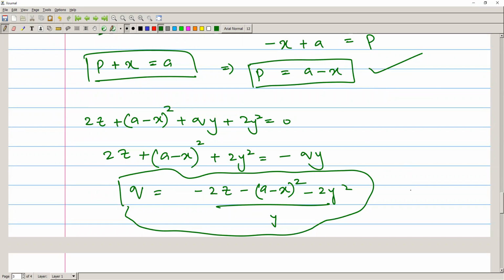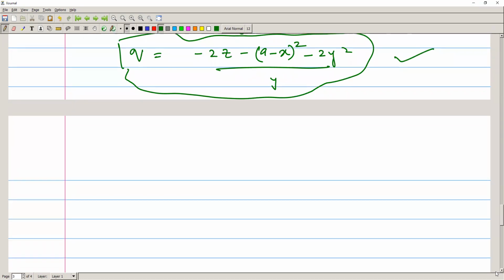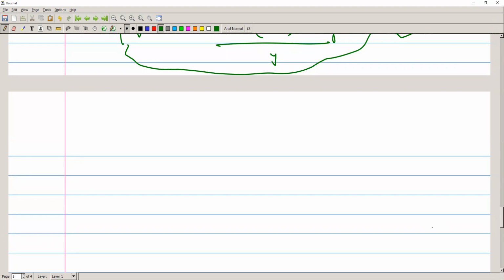That's okay, it's good. Then q is a function of x and y. It's good. So now we can apply the condition that is dz is equal to p dx plus q dy.